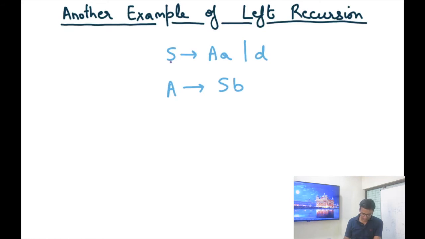And so in this case, S does not directly produce S, but S produces A and A produces S, and we have the same left recursion problem in this example as well, because S after one or more derivations does produce S as the leftmost non-terminal in a string in the derivation. And so if I was to implement this using recursive descent parsing, the function that implements S would end up calling itself without consuming any token, and we will end up in an infinite loop.